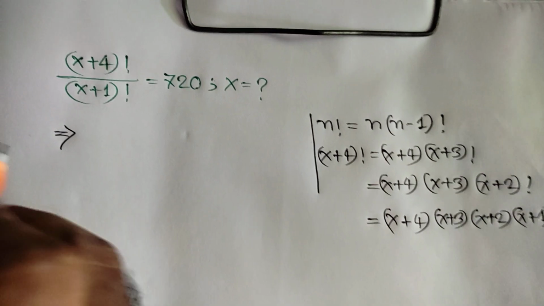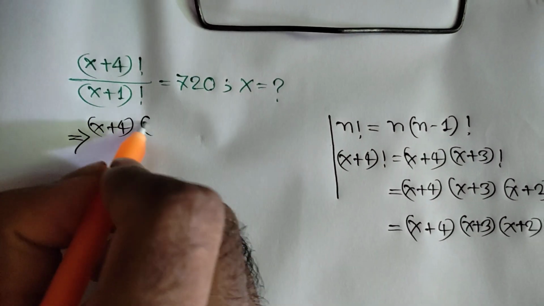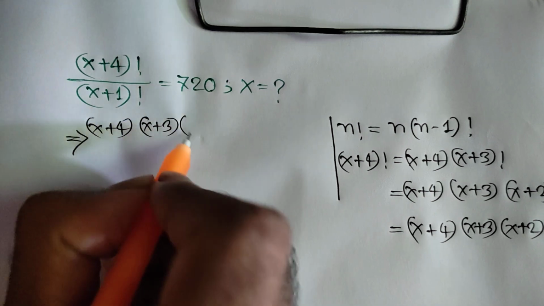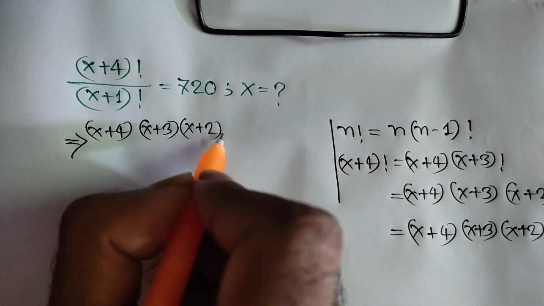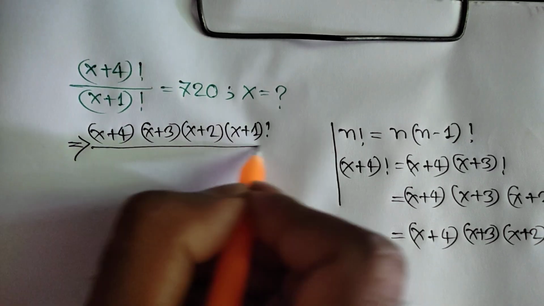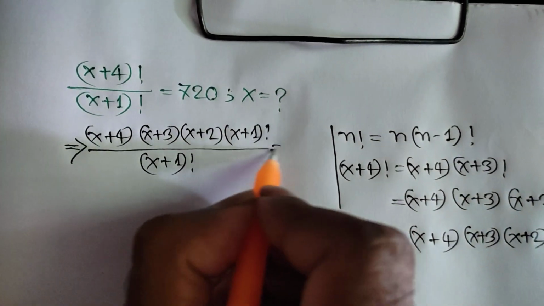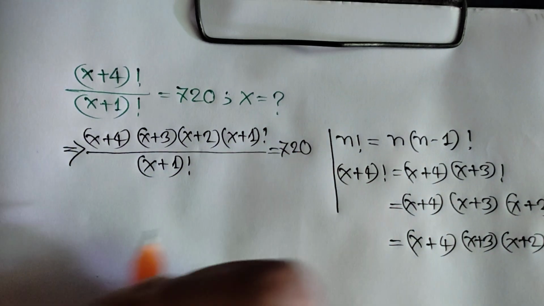So we can write here (x+4)(x+3)(x+2)(x+1)! over (x+1)! is equal to 720.